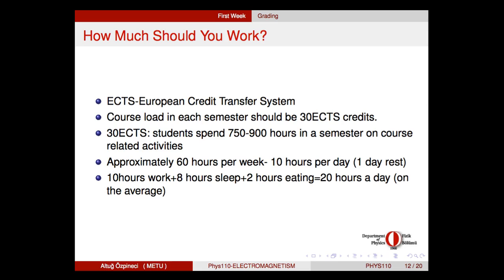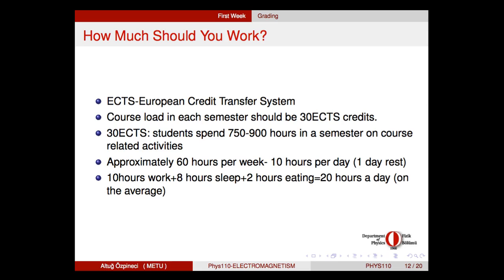This one is based on how much time you spend on the course, whether doing homeworks or doing some research on the internet, etc. So the basic idea is that each semester you should be getting around 30 ECTS credits. 30 ECTS credits means you should spend this much time on your course load in one semester.